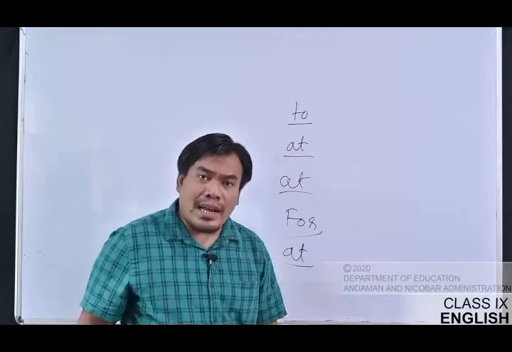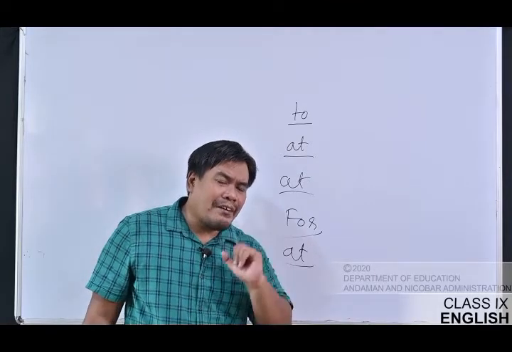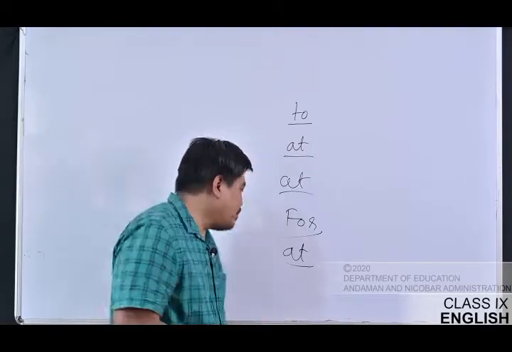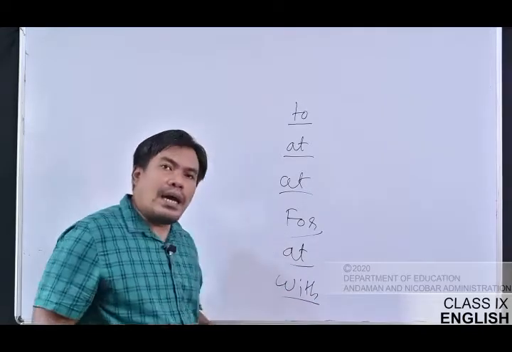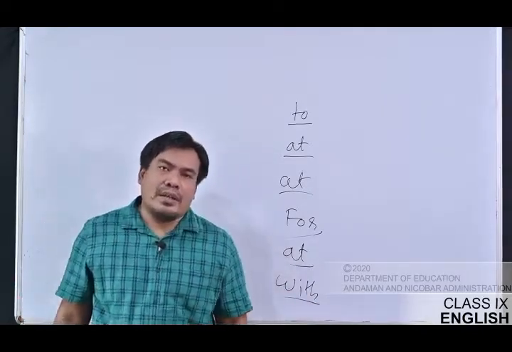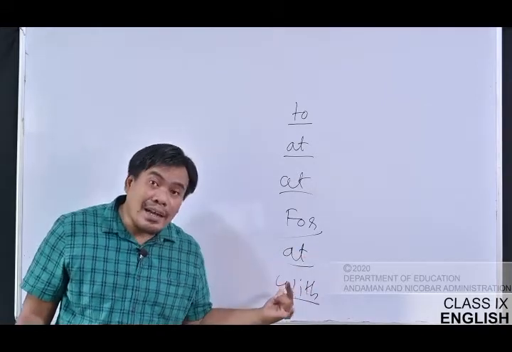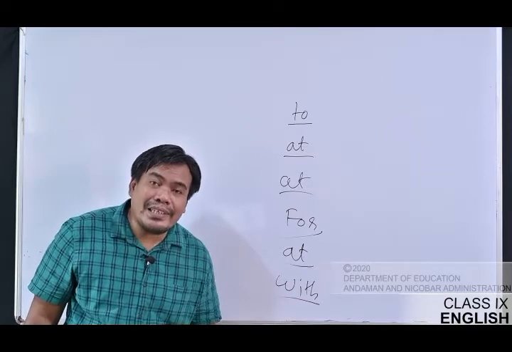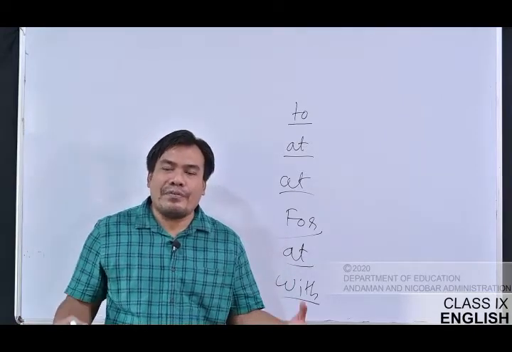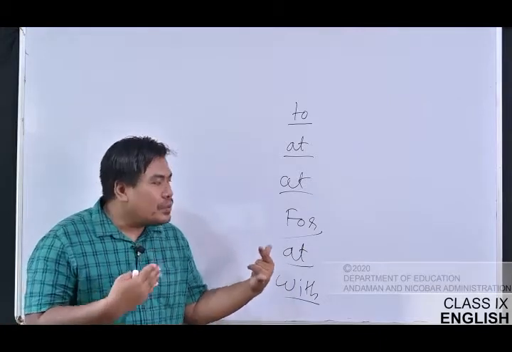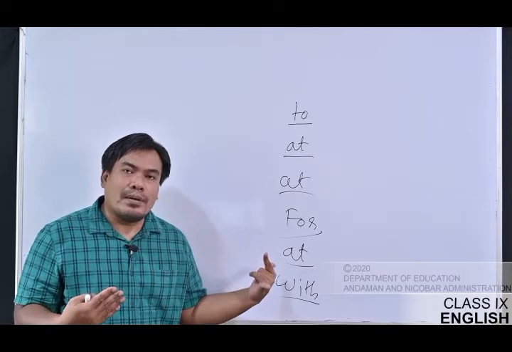The next one, eyes are to see. Oh, come on, there is something that you have missed. And what's that? With. Eyes are to see with. It's your eyes that you usually see with, isn't it? You see, these are the things that we make mistakes in. Be careful whenever we are writing these words, sentences, or whatever.